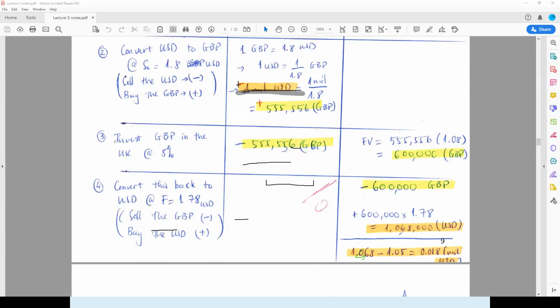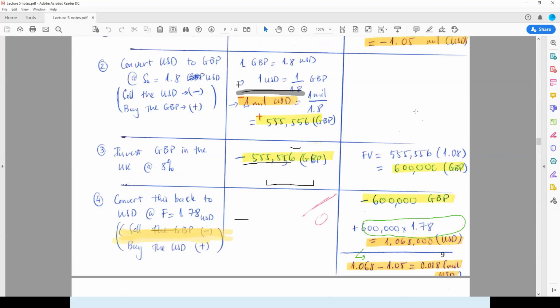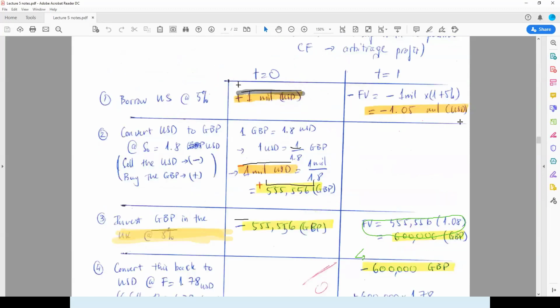Okay, so after this step, if I want to calculate my arbitrage profit, I would take how much USD I got from the fourth step. I will minus it with the USD liability that I saw from the first step. Remember from the first step, when we started, we said that in 1 year's time, we need to pay our lenders the future value, okay?